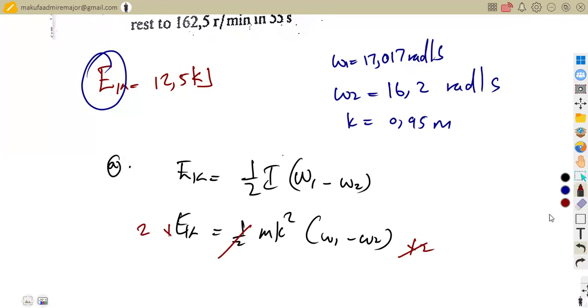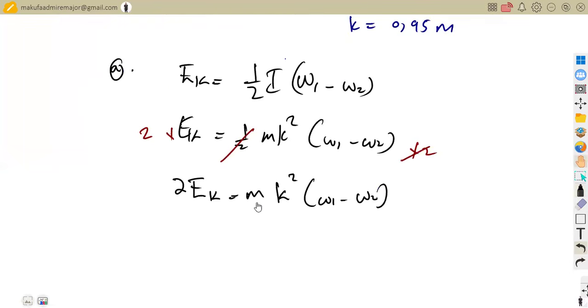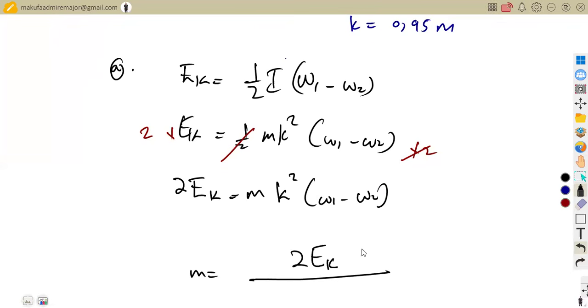That means I'm left with 2 E k. The kinetic energy is equal to m k squared into omega 1 minus omega 2. Since I want the value of m, I divide by this, so it's 2 E k divided by k squared into omega 1 minus omega 2.